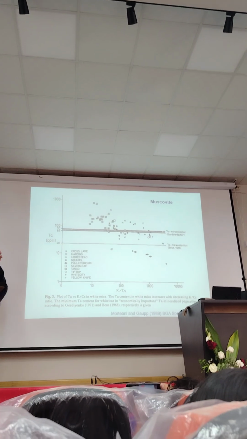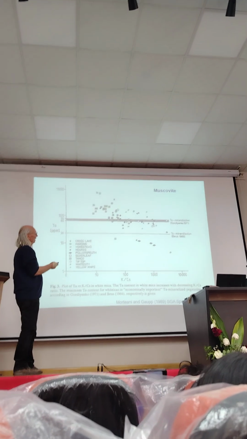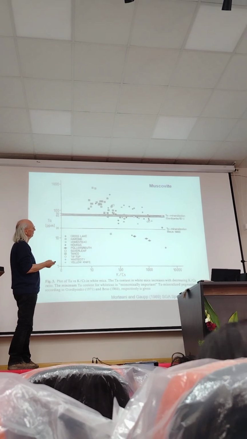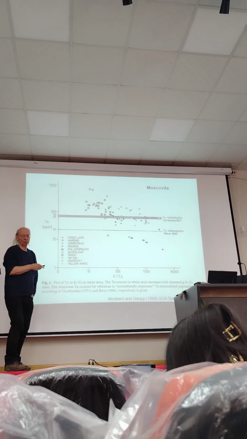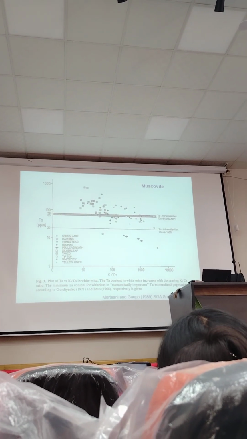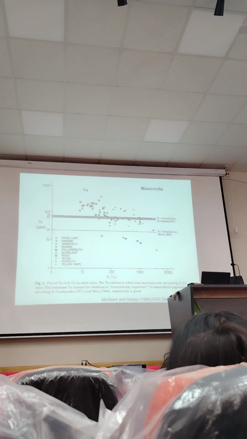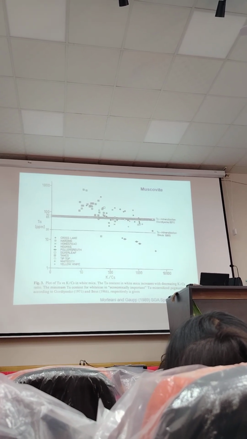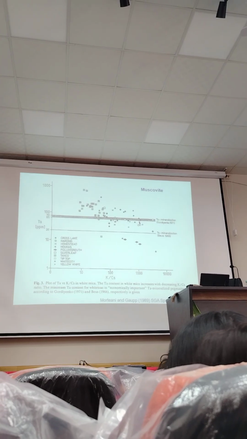So this work on pegmatites was already done in the 1960s and 1970s. These are two Russian researchers. They studied this in Russia, and they defined a threshold which can be used in exploration by analyzing muscovite.